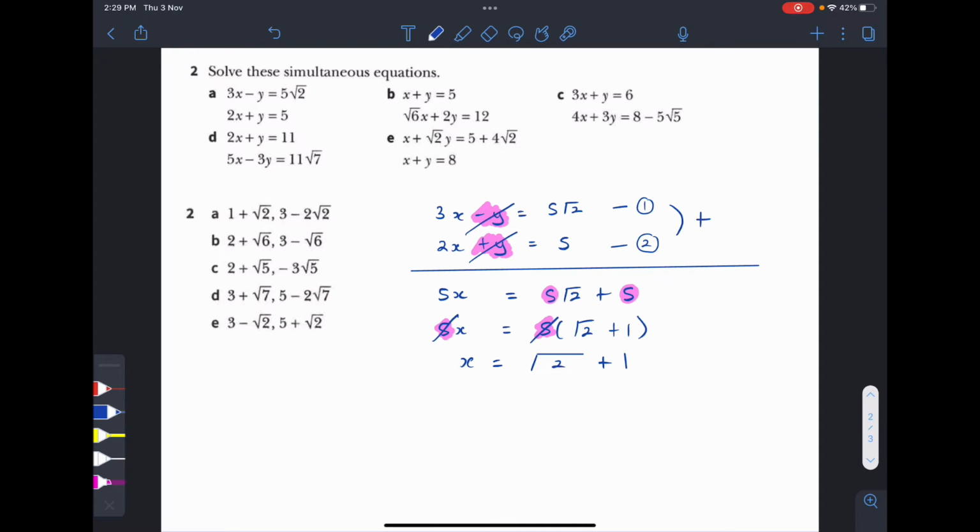And we are going to substitute it into one of the equations above. So let's call this equation number 3 first, and I'm going to make the decision to substitute it into equation number 2. So what do we get? We get 2x plus (√2 plus 1).